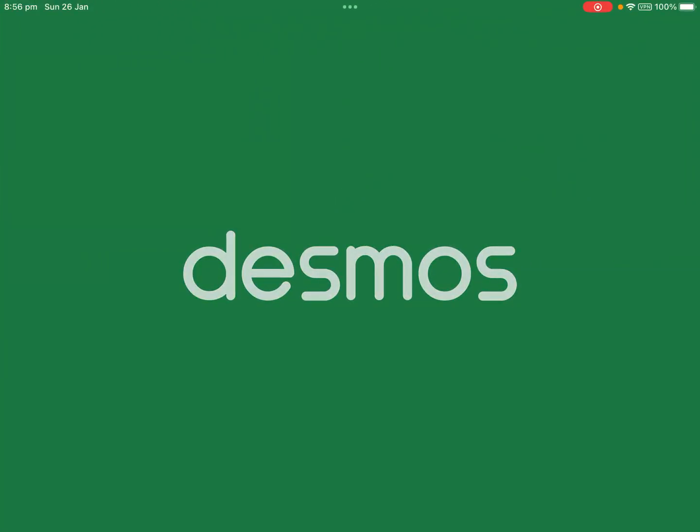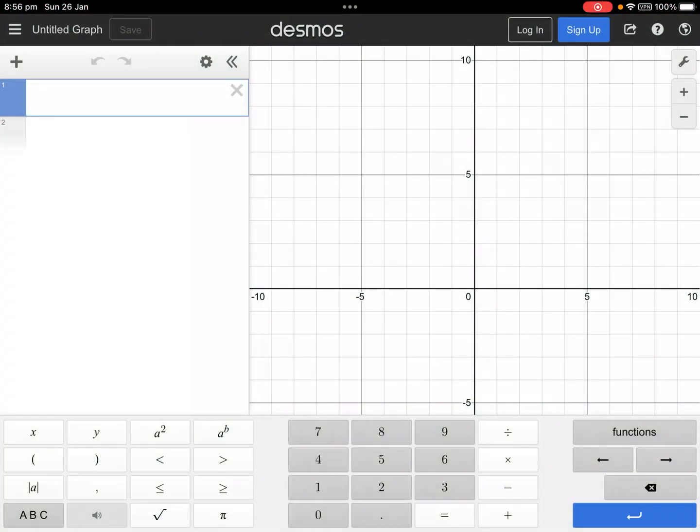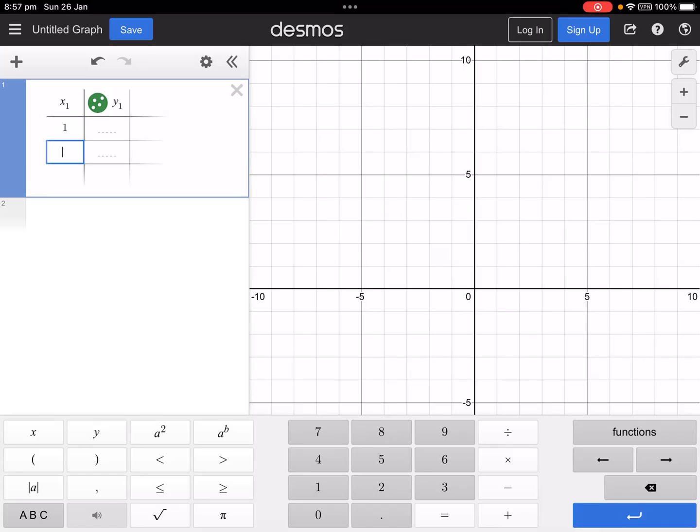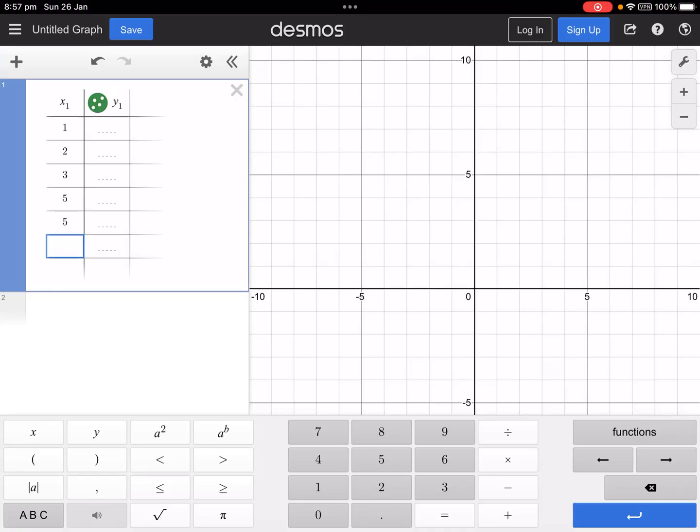So add our table, and then I'm going to type in 1, enter, 2, enter, 3, 4, 5, 1, 2, 3, 4, 5, 6, 7, 8, 9, 10, 7, 9, 10.